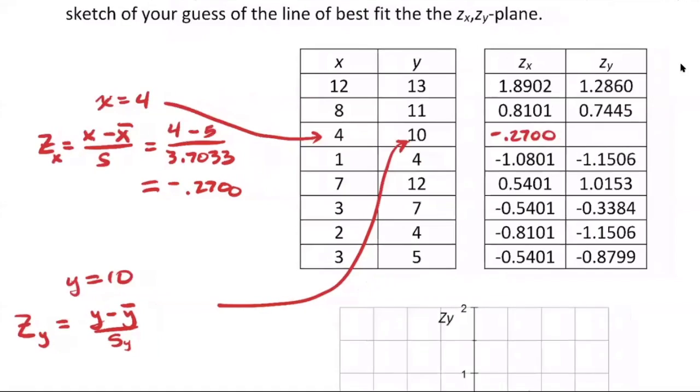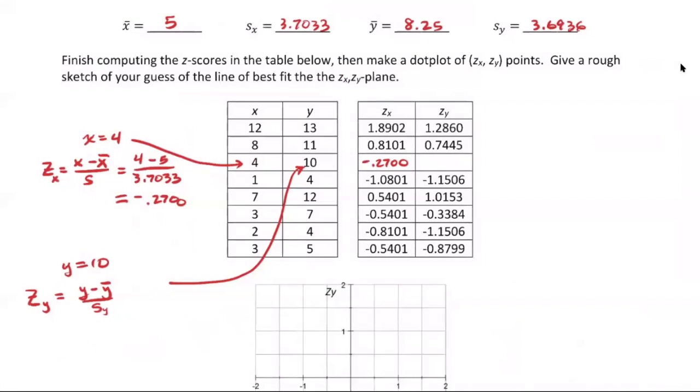And so I think we have all these numbers up above. So y was 10 minus y bar, I think that's 8.25, over standard deviation, which was very precise, 3.6936.